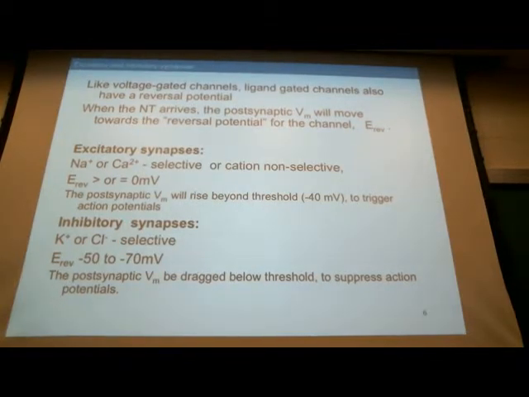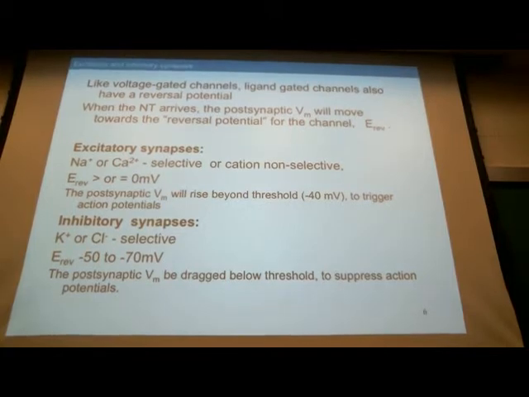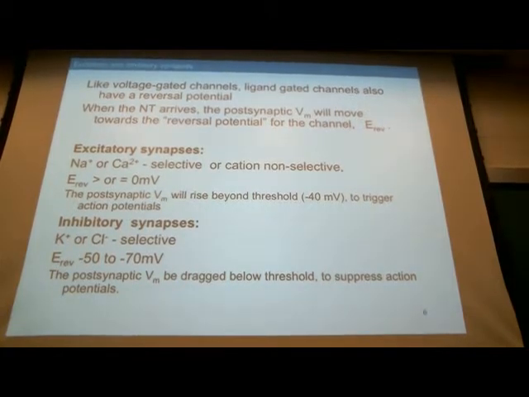Just like our voltage-gated channels, ligand-gated channels have a reversal potential that's reflective of their ion permeability. So we call this a reversal potential. Just like we learned with sodium channel permeability, if you open a channel, the voltage tends to go toward the equilibrium potential of that channel.